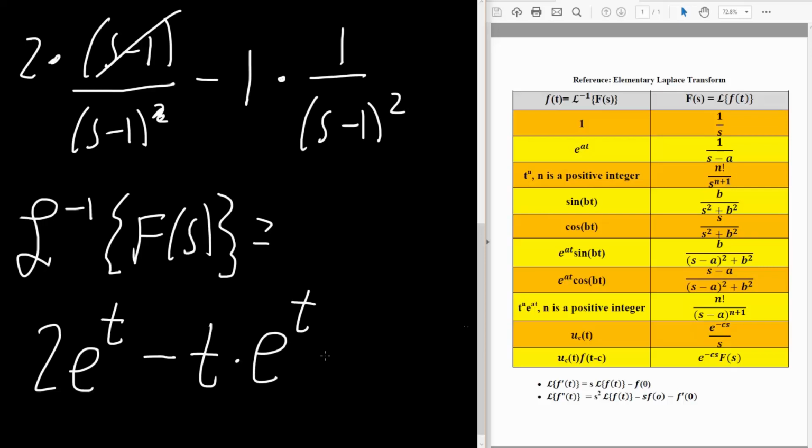So n is 1, so t raised to 1, and a is also 1, so 1 times t. And so this right here is our final answer, and that's all we need to do.